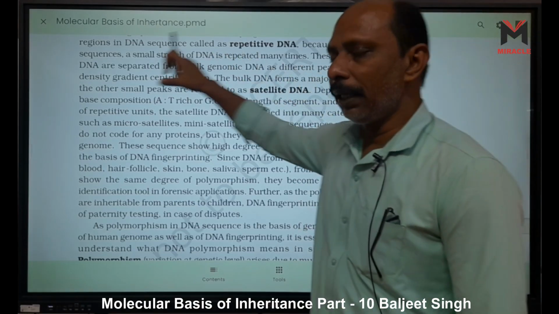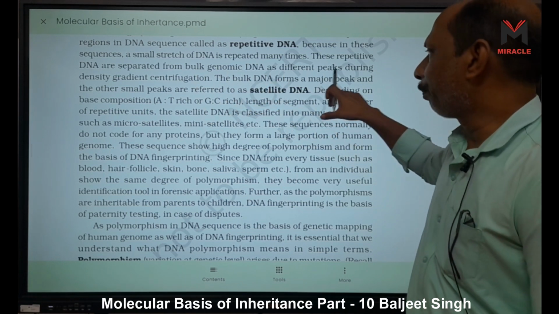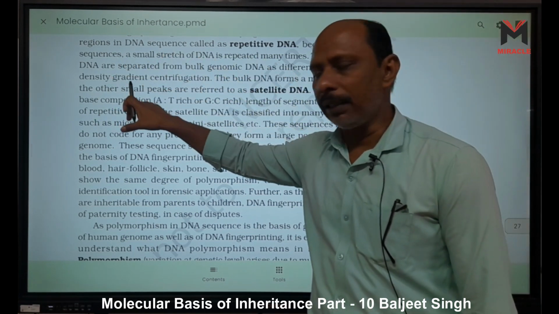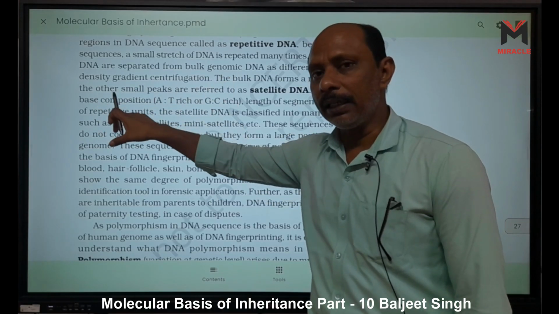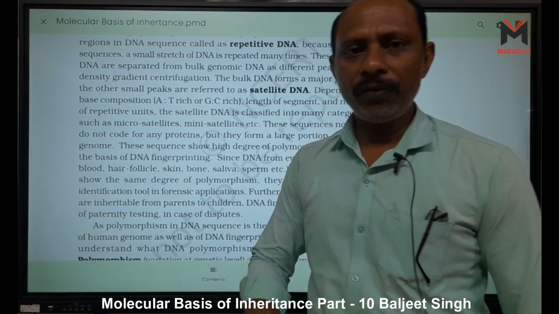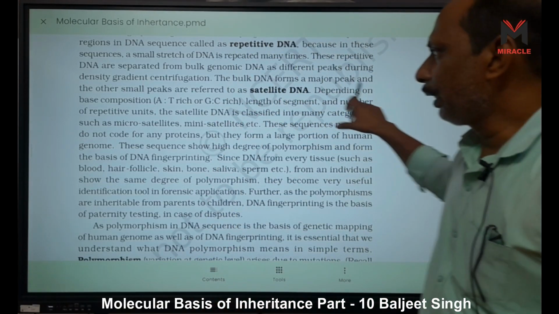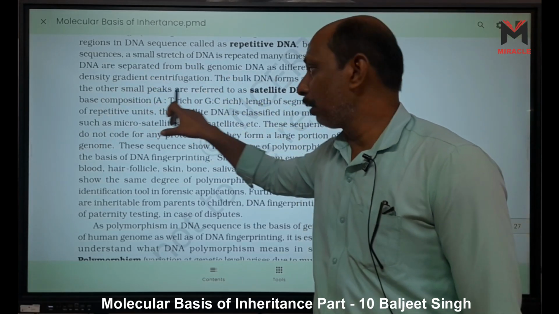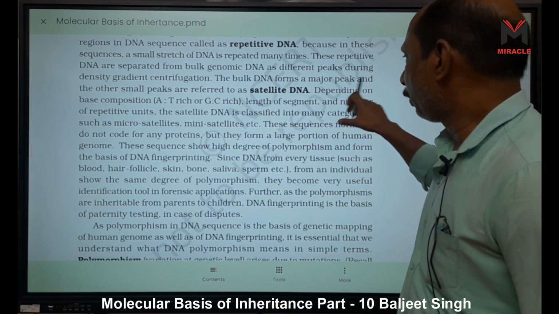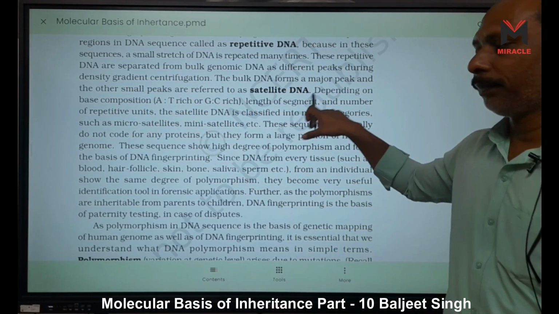These repetitive DNA are separated from the bulk genome DNA as different peaks during density gradient centrifugation. The bulk DNA forms a major peak and the other small peaks are referred to as satellite DNA.